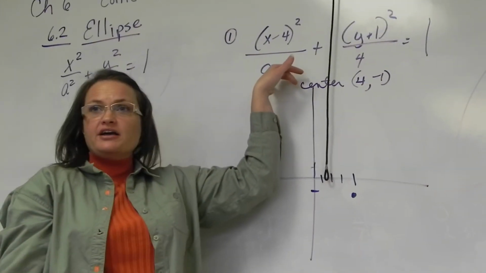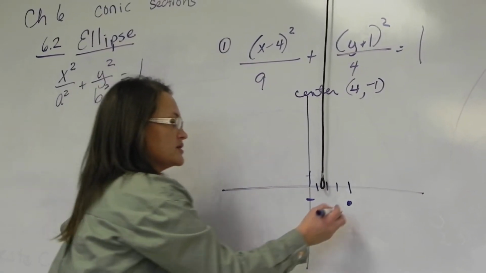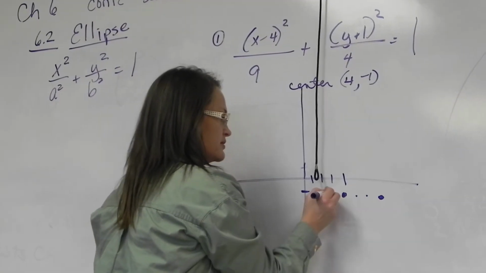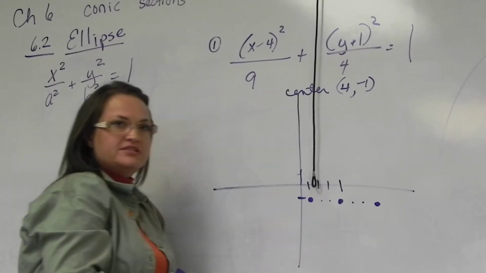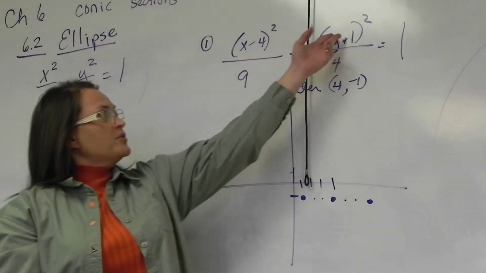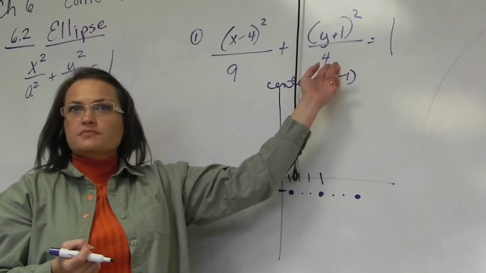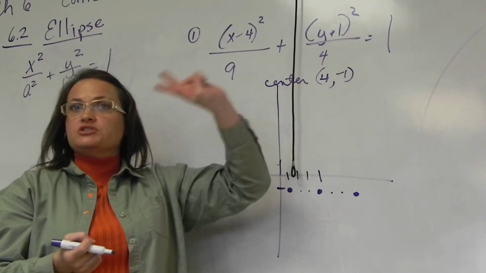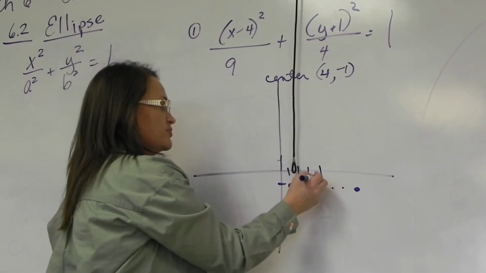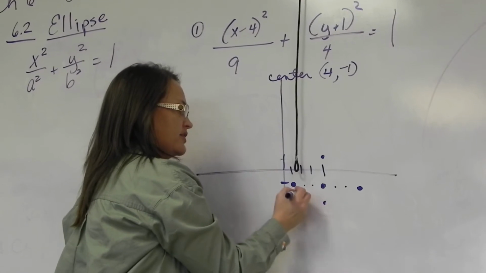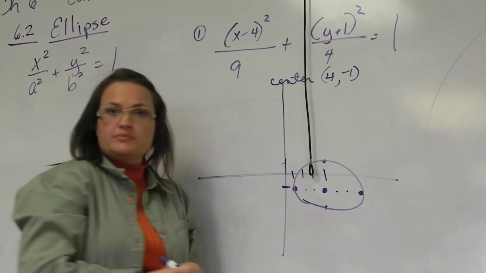So you'll square root that to find a is 3. So that means you'll go over 3 and back 3 from the center. So how far are we going up and down? What do you think? So the square root of that one, which is 2, and that's how far you're going to move up and down, and that's your ellipse.